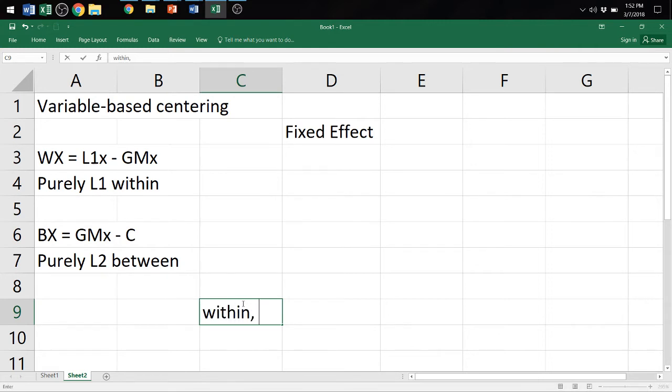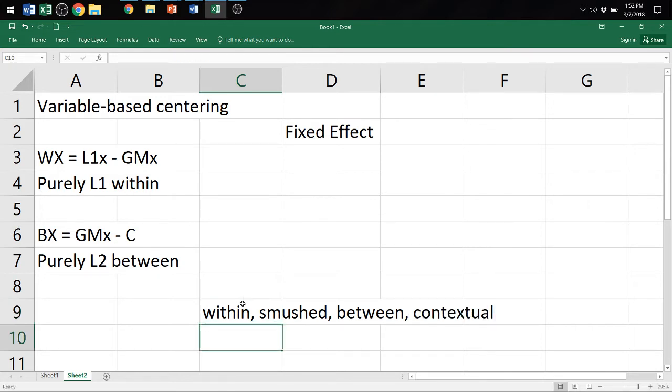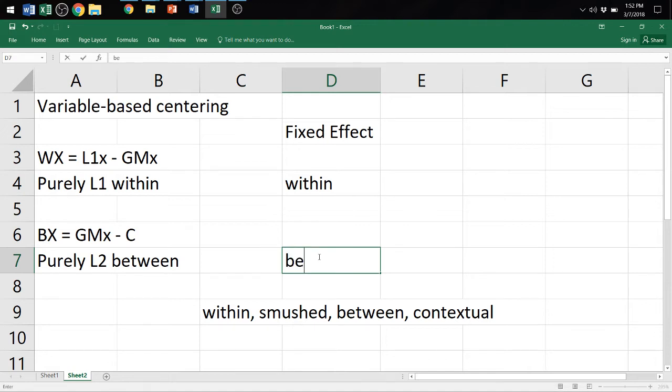You can say within, smushed, between, or contextual. What's that one? That's within. What's that one? Between. It has to be because you've set up the variables to reflect only those sources of information.